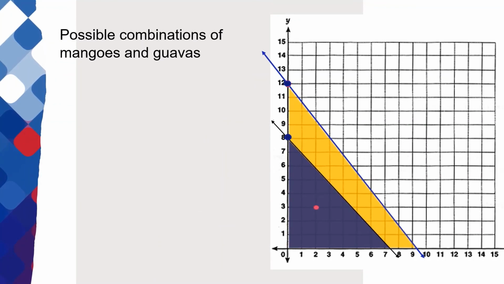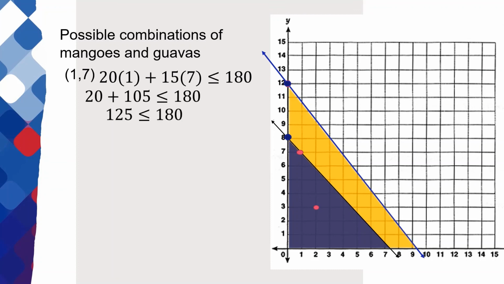Let's find another combination. Okay, so let's say that is 1, 7. Checking 1, 7 on the inequality will give you 125 is less than or equal to 180. So that is true. And for the second inequality, we have x plus y is less than or equal to 8.